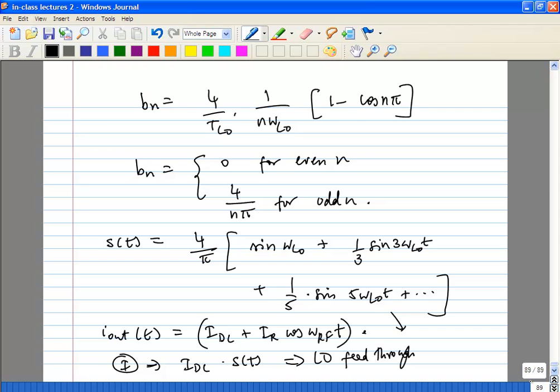So it's actually not just LO feed through, it's a feed through of LO and its harmonics.